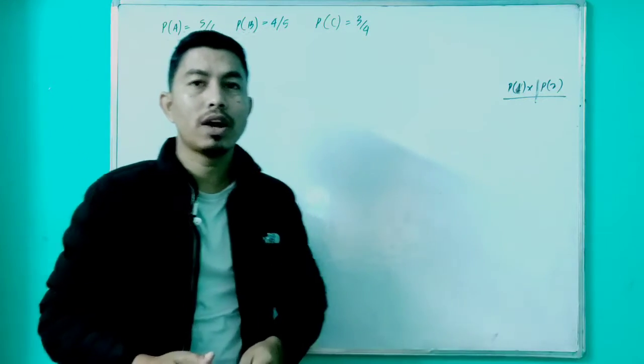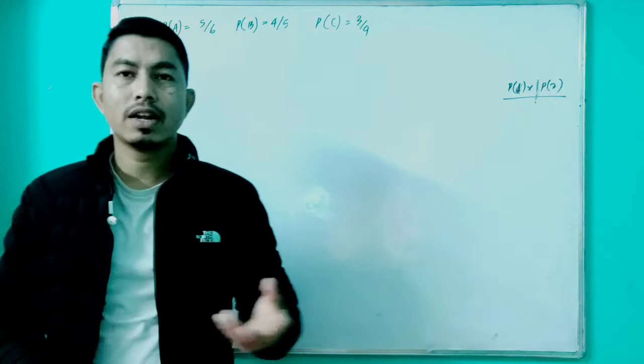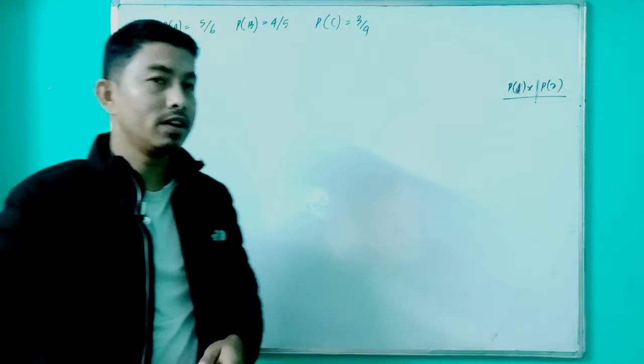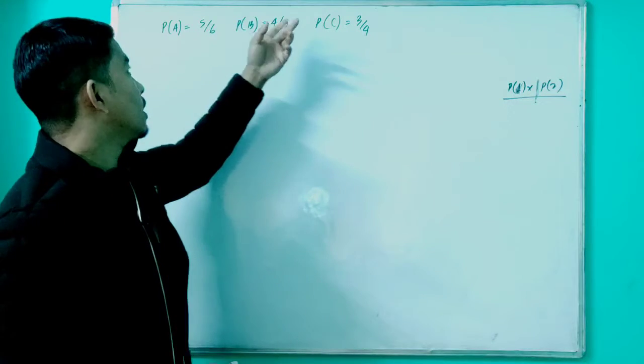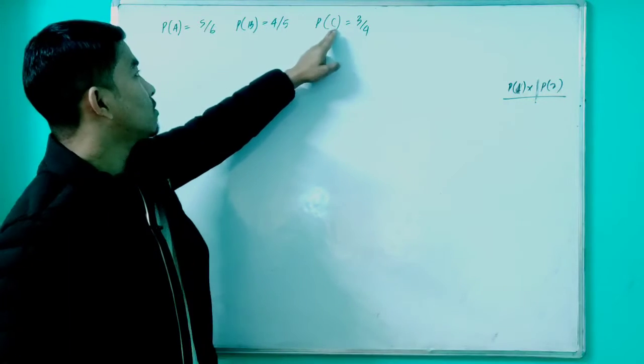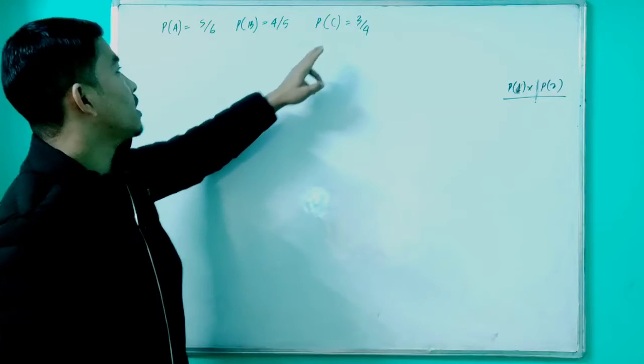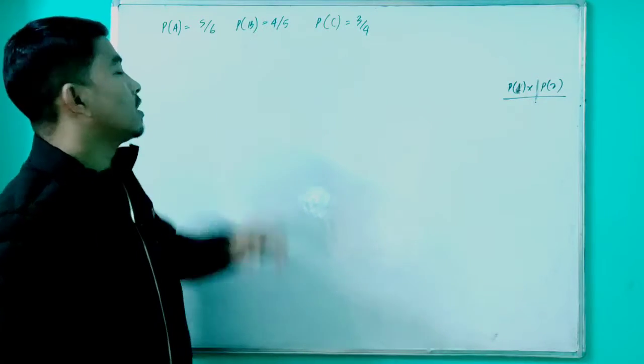In the first part, you are asked to find the probability that exactly two hit the target. That means if A and B hit the target, C does not. Second, if B and C hit the target, A does not. And finally, if A and C hit the target, B does not.